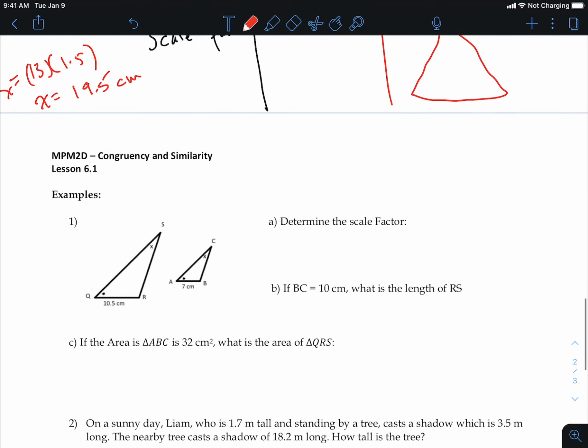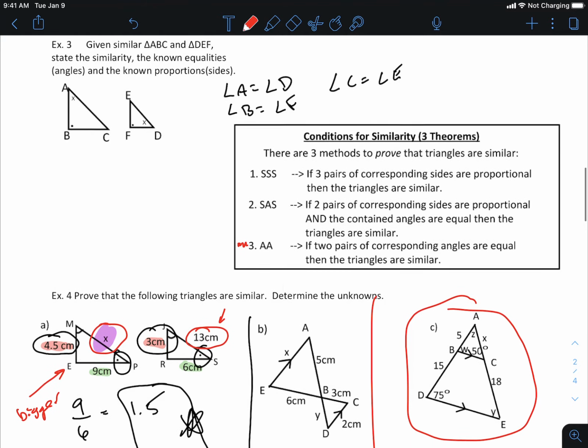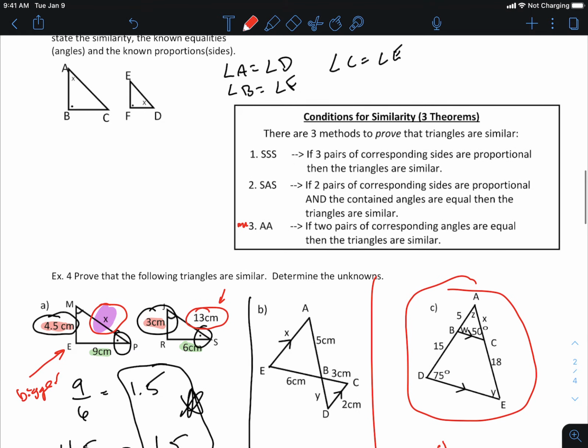So let's take a look at this one. Let's determine the scale factor between those two triangles. Okay, I see right off the bat, I see two angles, x and this dot. That automatically satisfies condition number 3 for similarity, because I see two angles shared between both triangles, right?